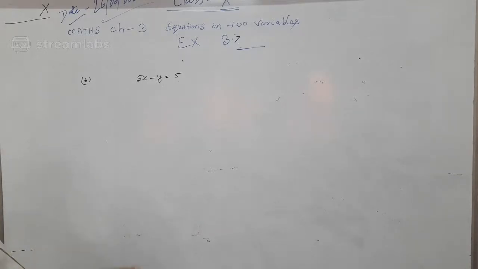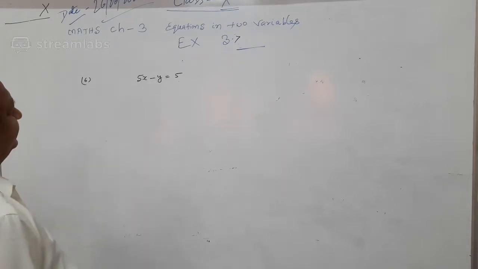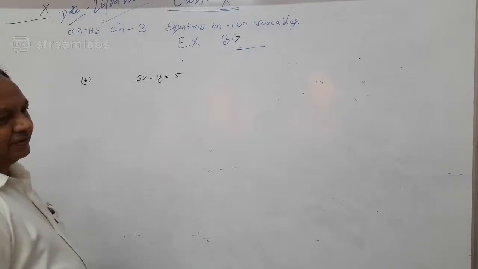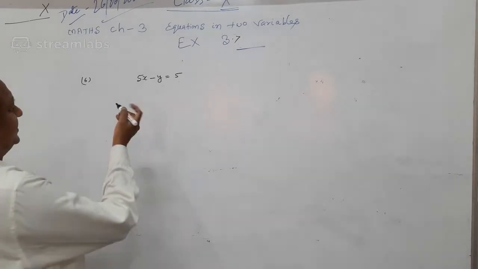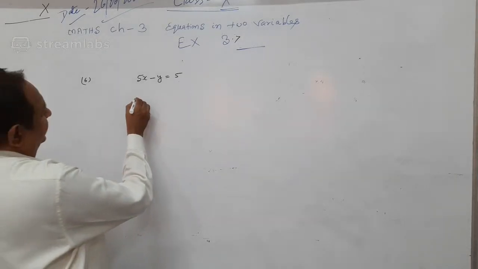Every linear equation in two variables represents a straight line. To draw a graph, we can take only 2 points. On the basis of 2 points, we can draw a graph.